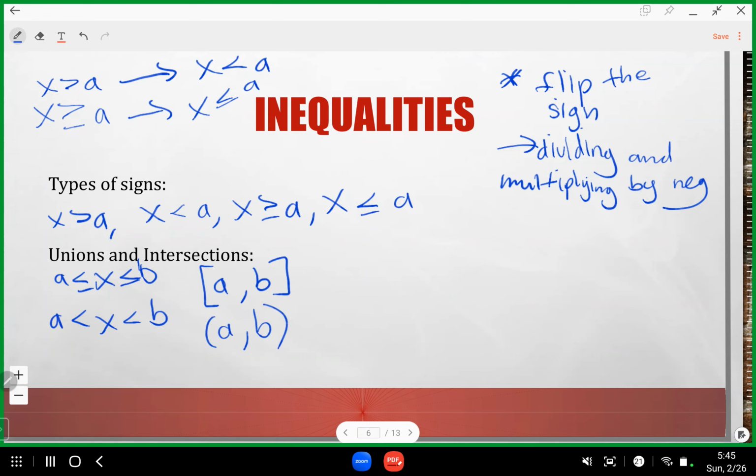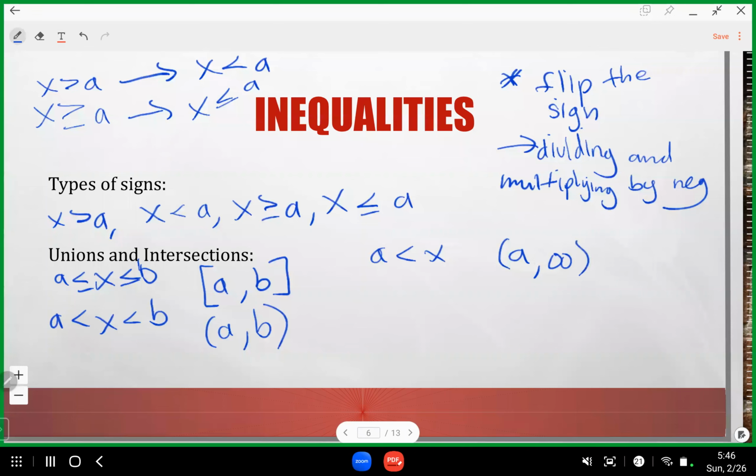When it's inclusive, A and B, you're going to use square brackets. When it's not inclusive, only less than and strictly greater than is round parentheses. And when X is greater than A, for example, then you're going to have A to infinity, because X just has to be greater than A. It doesn't specify if X has a limit, right?